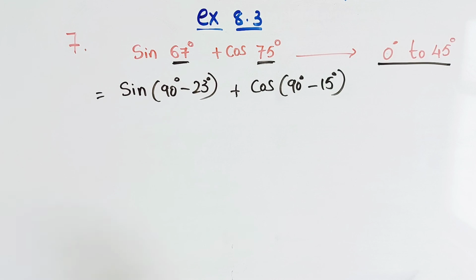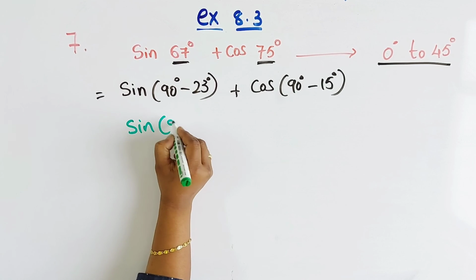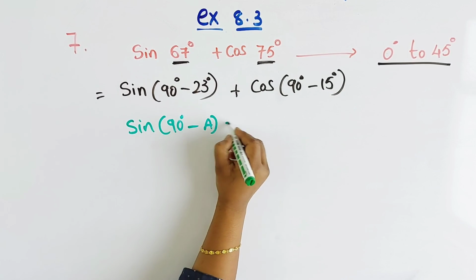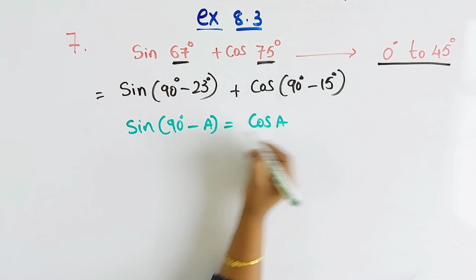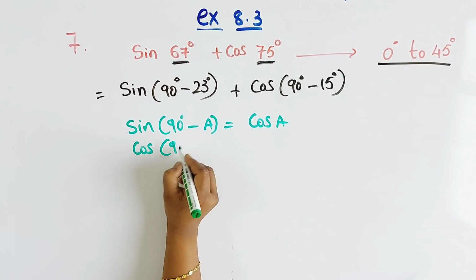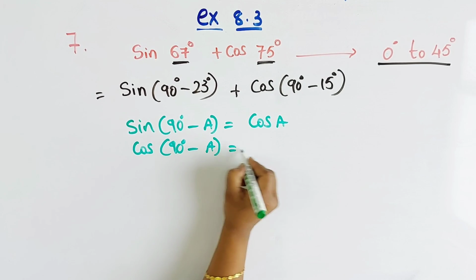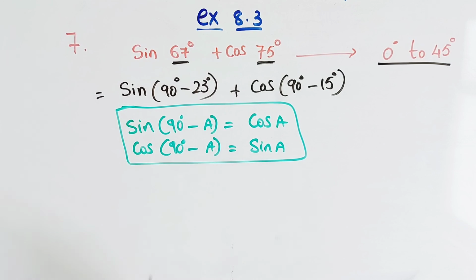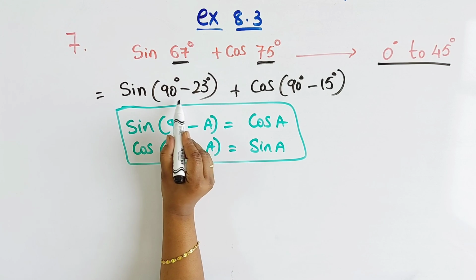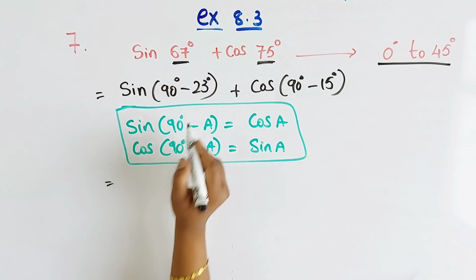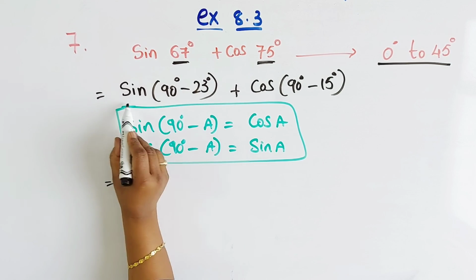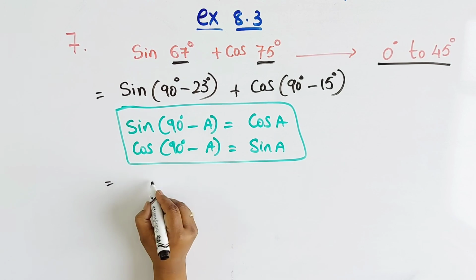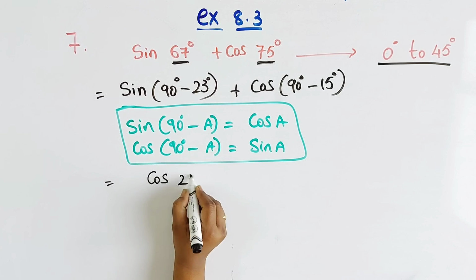Now we know the formulas. Sin 90 minus A equals cos A. Cos 90 minus A equals sin A. Now apply these formulas here. Now here sin 90 minus 23. Here A value is 23. That means sin 90 minus 23 is cos 23. Correct, children?